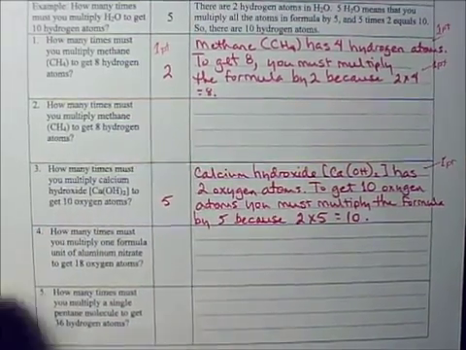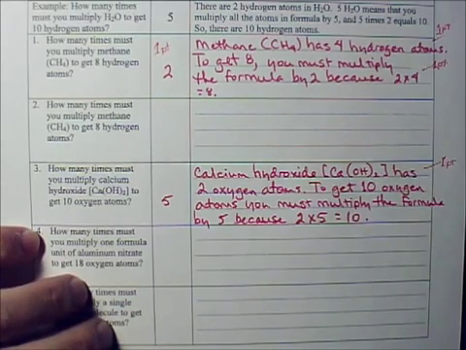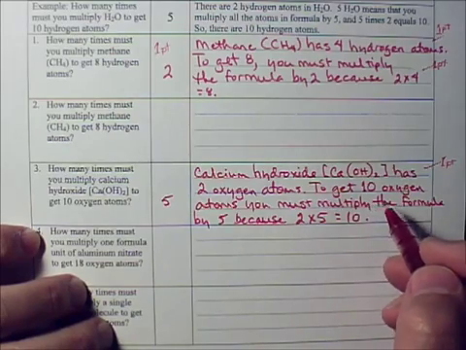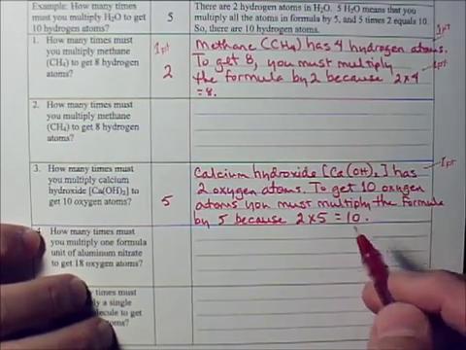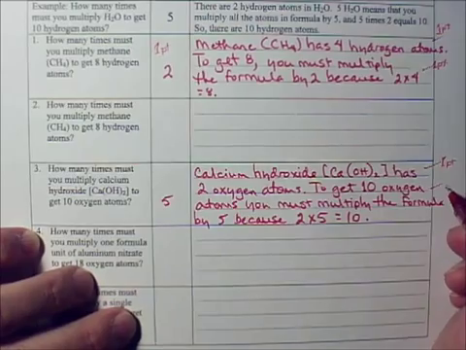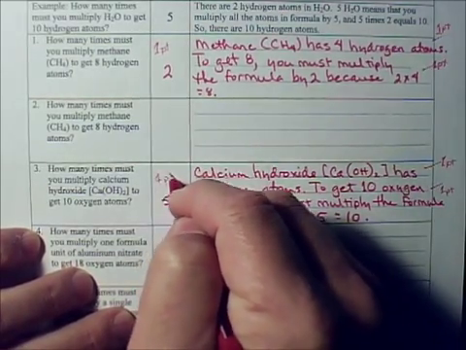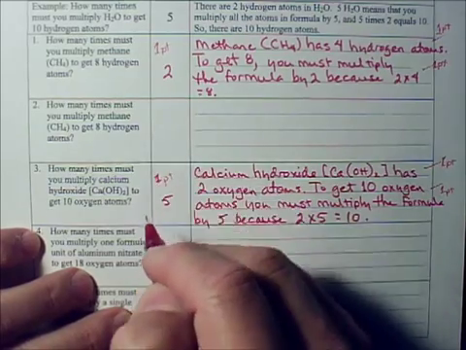And this part of the justification where you explain how you get 10 when you're starting with just 2 is also worth 1 point. And the answer itself is 1 point. Okay?